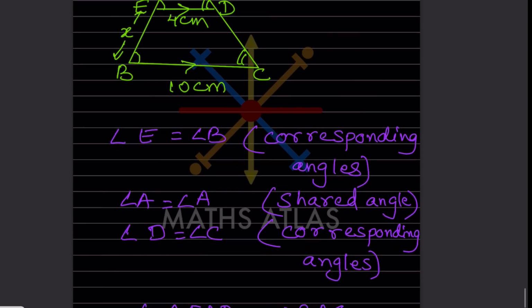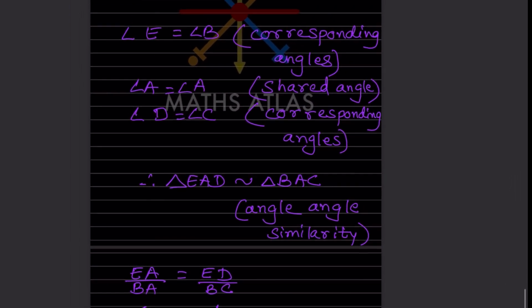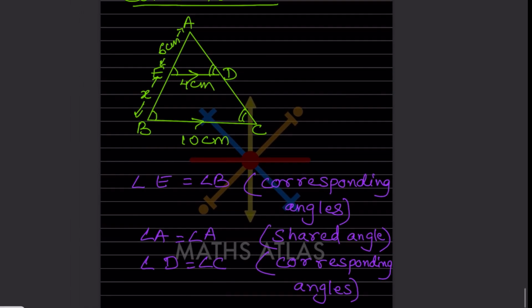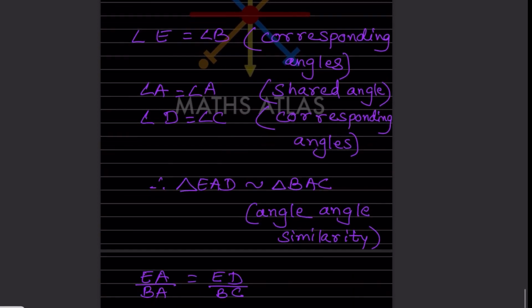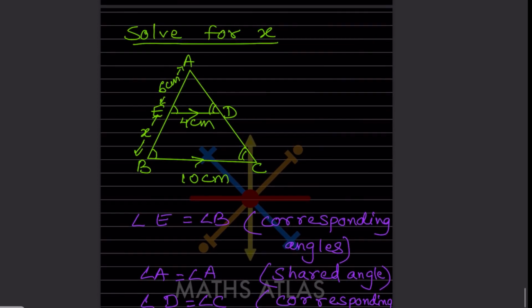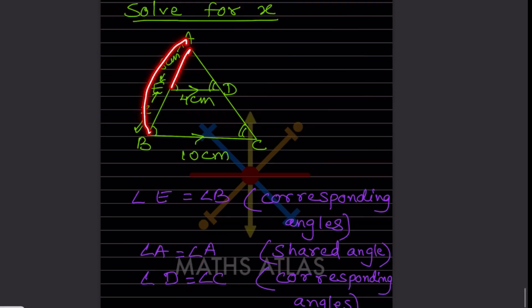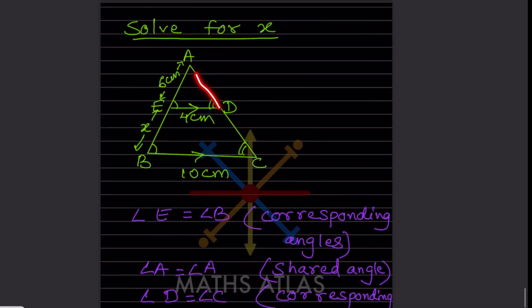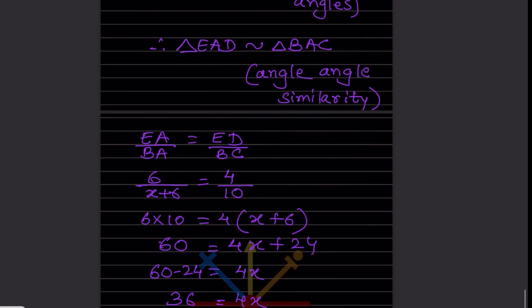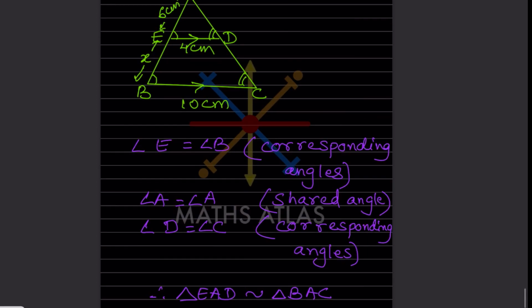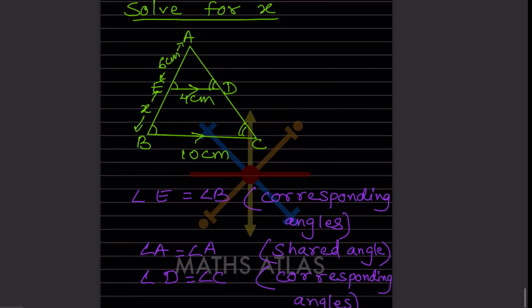So now we have to look at EA. What is EA? EA by BA, that is equal to AD by AC. Because we don't know this side but we know this side, sorry, what we can do is ED by BC.